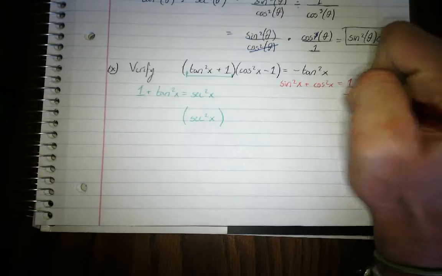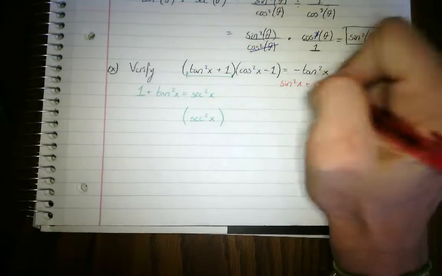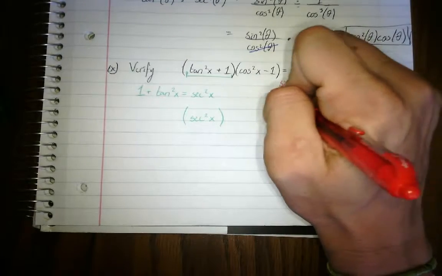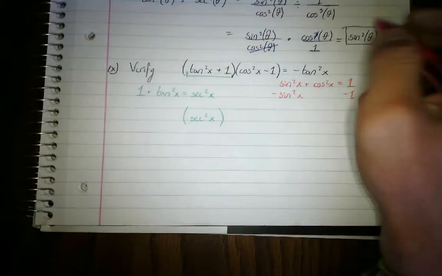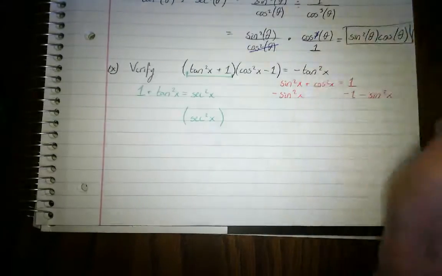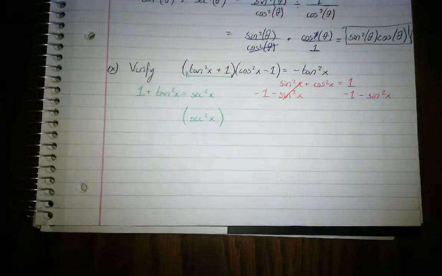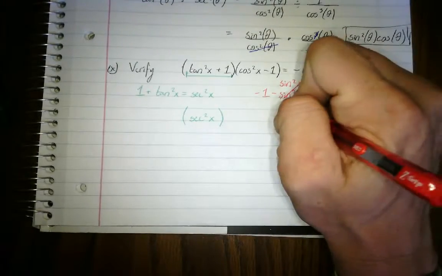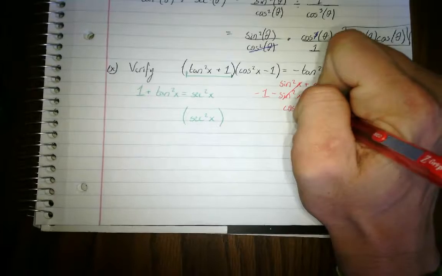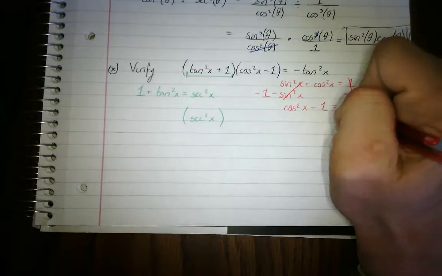So I need to subtract 1 off of each side, and I need to subtract a sine squared of x off of both sides. So minus 1 minus sine squared of x. These two will cancel. I'm going to switch these around, but we get that the cosine squared of x minus 1 is going to be equal to negative sine squared of x.